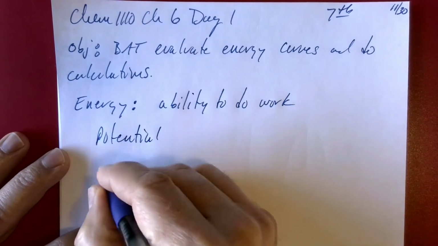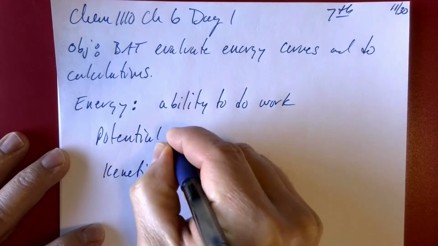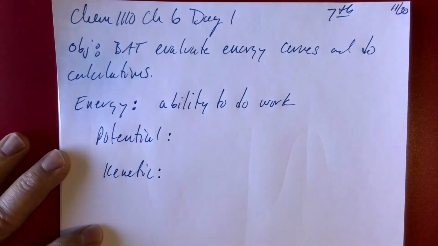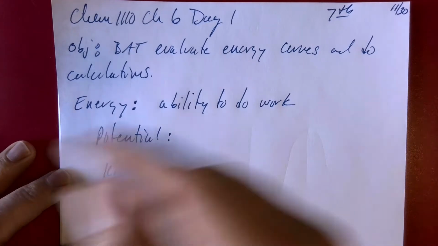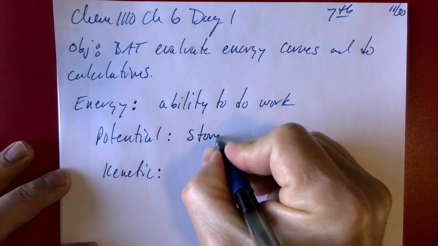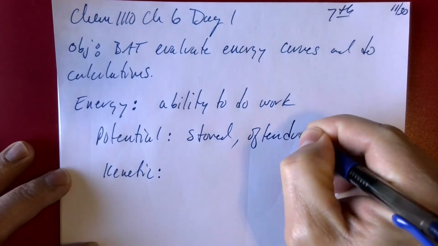Alrighty, potential and kinetic. So, somebody not named Painter, can you tell me what's the difference there? Or what the definition of potential energy is? Potential energy is energy that is stored, often due to position.